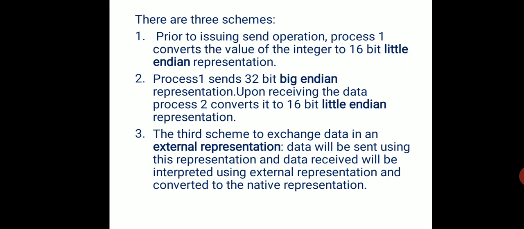In the second scheme, process 1 sends 32-bit big endian representation, and upon receiving the data, process 2 converts it to 16-bit little endian representation, because process 2 is on host B, and host B follows little endian representation.